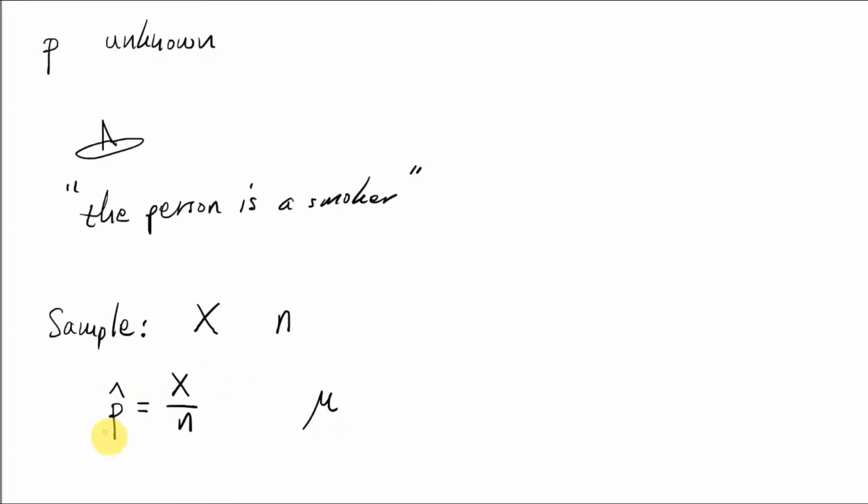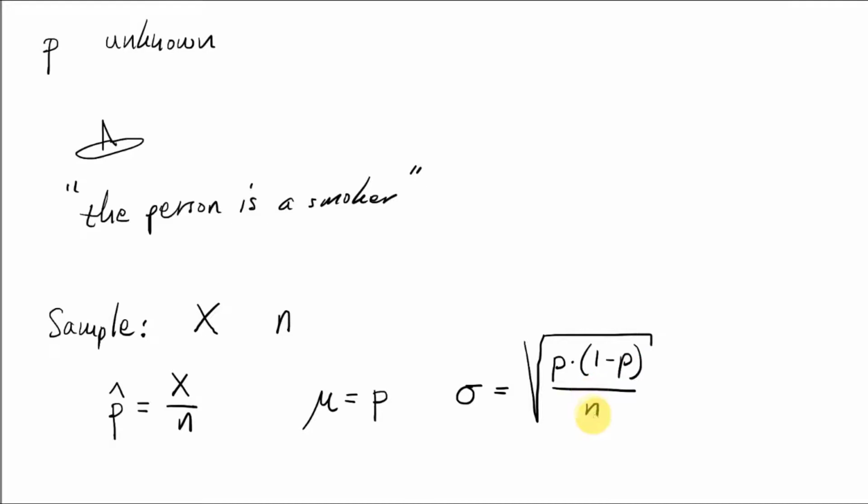One can show that this random variable has an expectation value of p, that is the unknown probability, and the standard deviation given by this expression, where again p is the unknown probability and n is the sample size. Further, you can show that the estimator of p is normally distributed for large n, and as a rule of thumb we will here use n larger than or equal to 30.